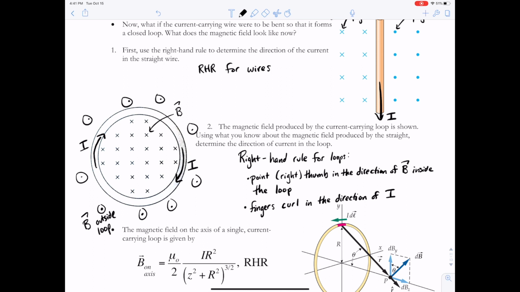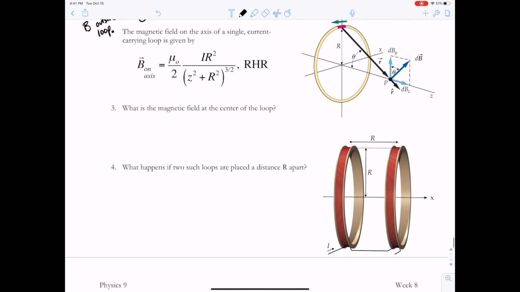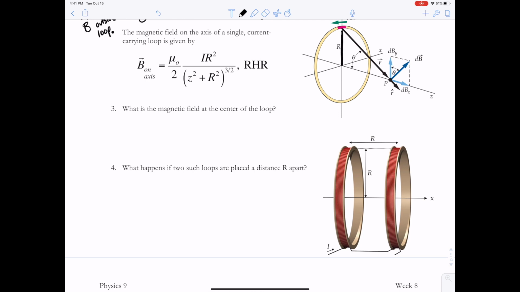If instead of just finding the direction of the magnetic field, we want to find the magnitude of it on the axis of the loop, that is given by the equation down below, where the magnetic field on the axis of a loop that has some radius r, at a point some distance z away, is given by this equation, and the right-hand rule gives us the direction.